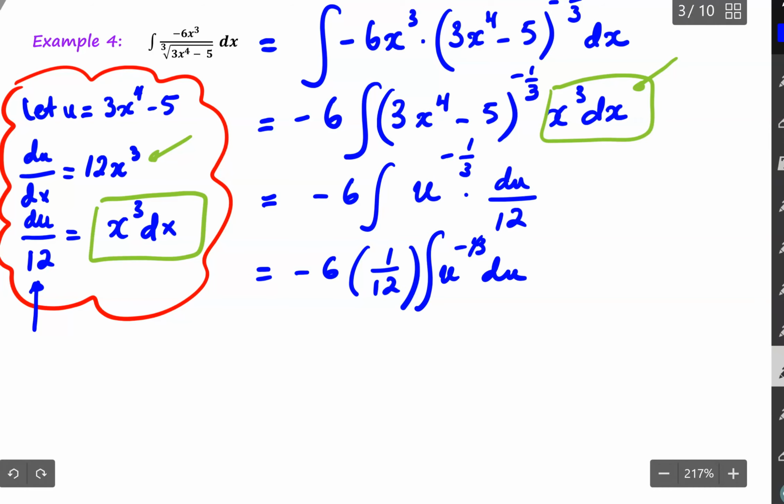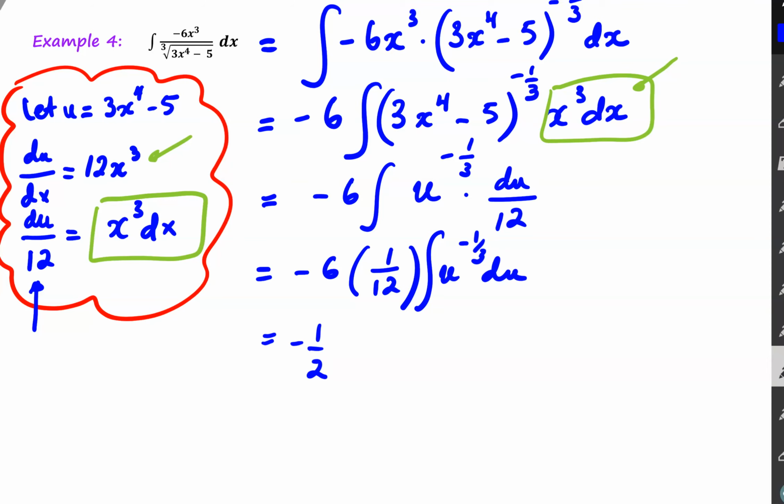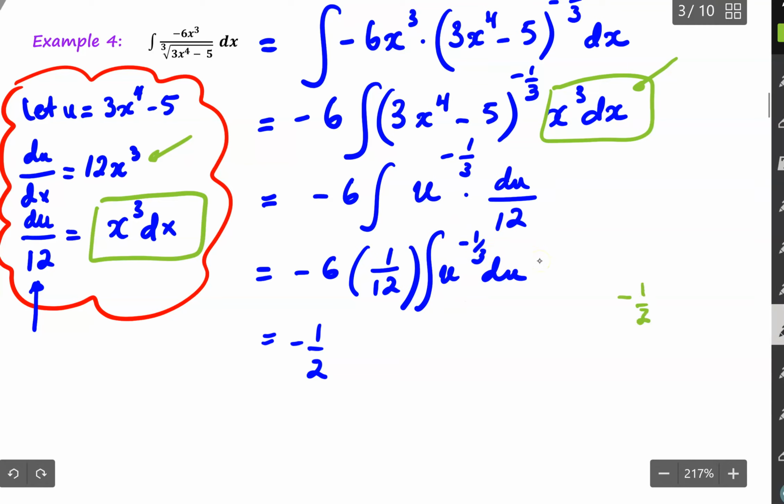Let me fix the -1/3 here. Simplify the constant in front of this, and I should have -1/2. Now we apply the basic rule for integration: you take -1/3, you add 1.